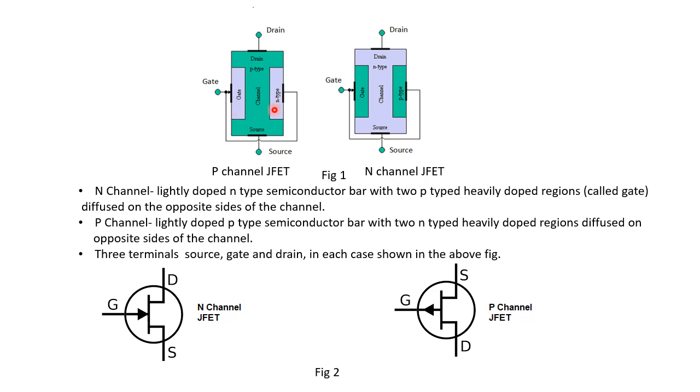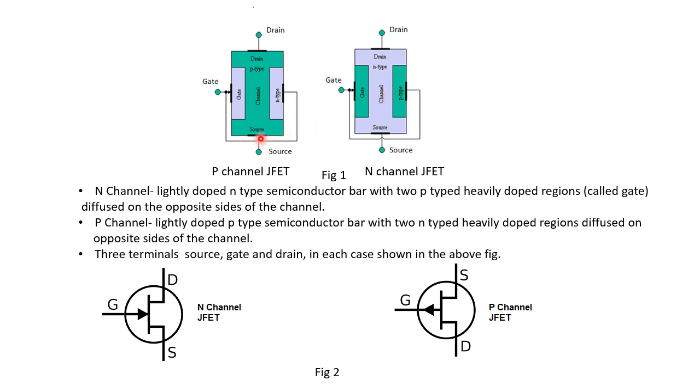These two portions are heavily doped N-type semiconductors, and in the case of N-channel FET, on the two sides of the channel, P-type semiconductor is doped and this is the gate region, and as in the case of P-channel FET, here also the gate region is heavily doped.